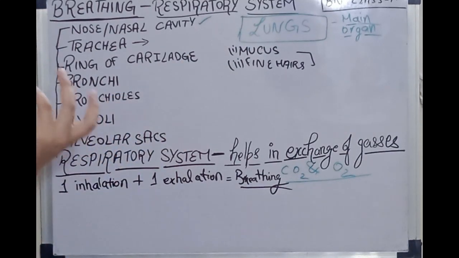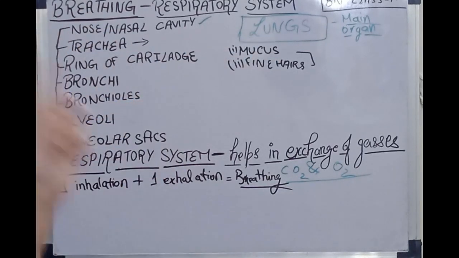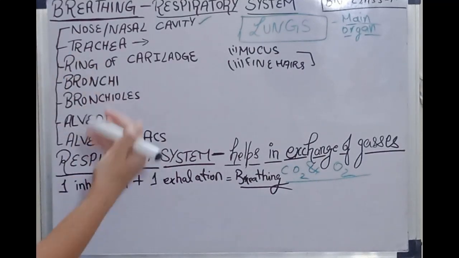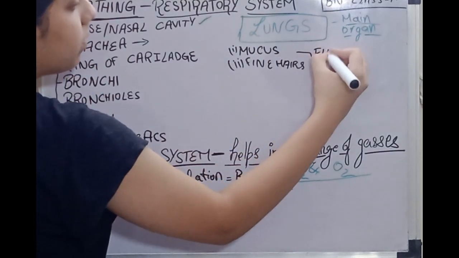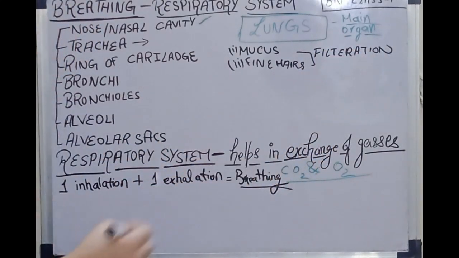The thing that we see as dirt and waste is actually kind of useful to us. It has a function in breathing. What is its function? Please think and tell me. So basically it acts as a filter.